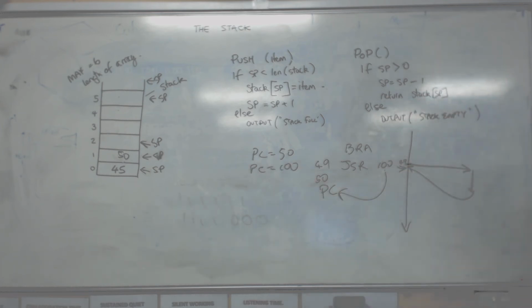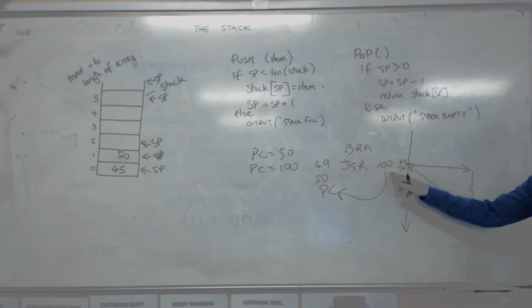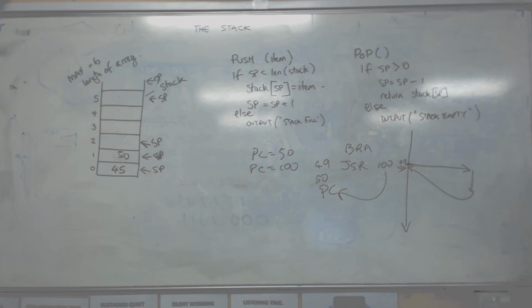We start the fetch execute cycle again. That then says get an instruction at 100, which will be the first instruction of the function we've just called. We don't have to worry about this when we're programming high-level languages. We just put Dave, and it magically just runs the Dave function.